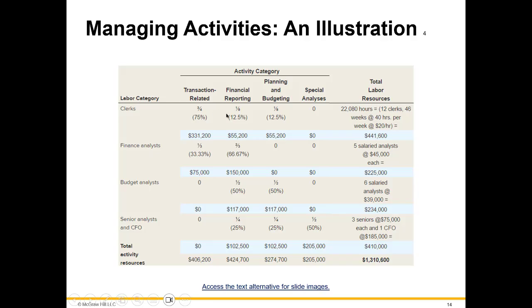This is how that is allocated among these activities. We can see for each of these groups how much money is spent on each of these processes. And so we see 1.3 million plus some change is spent on these various activities.